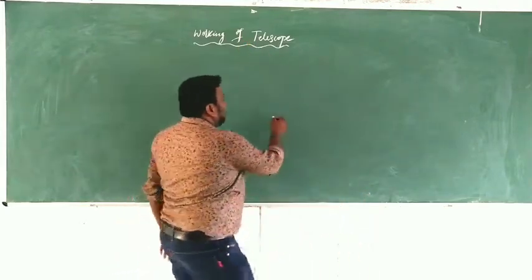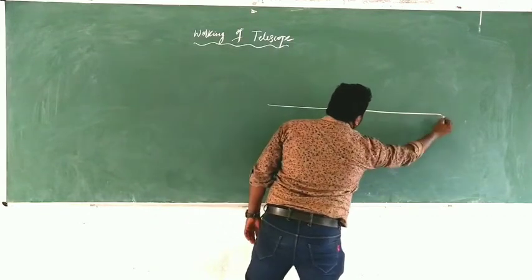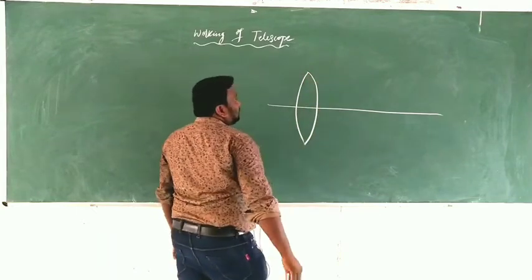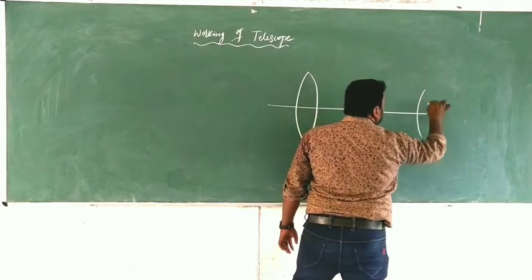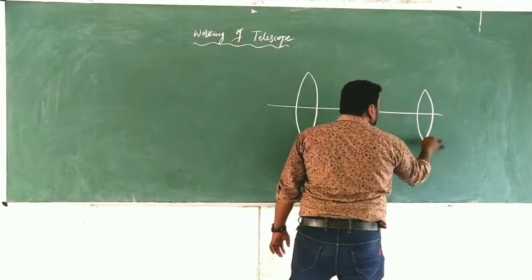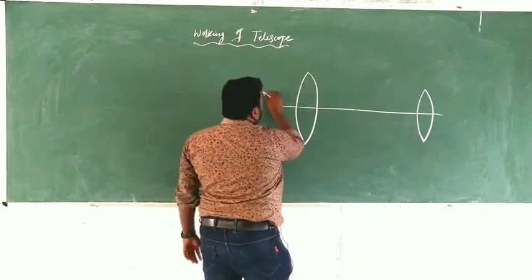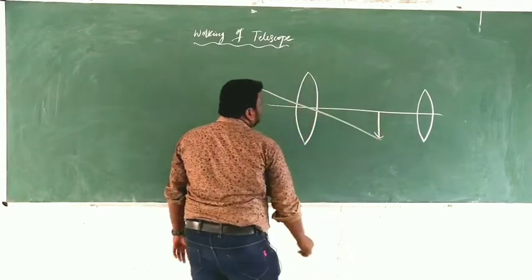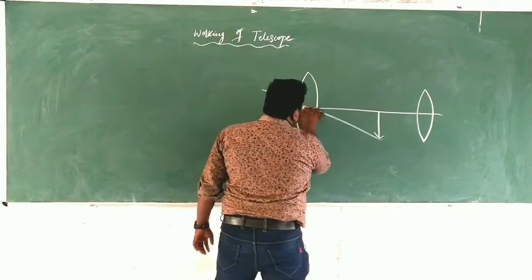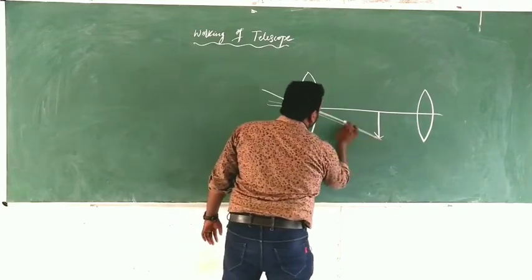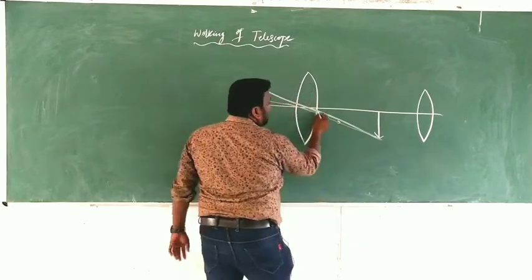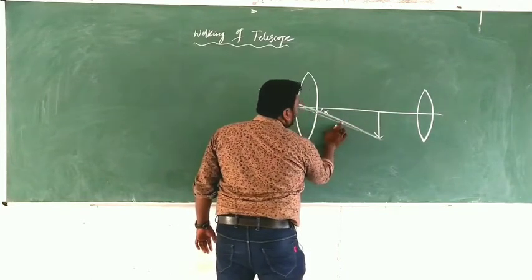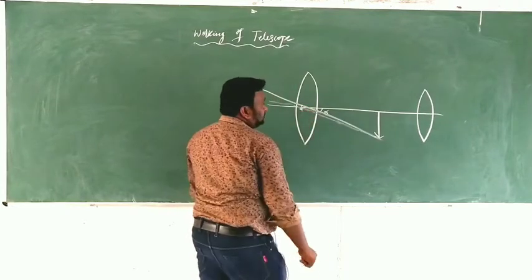Here a telescope consists of two lenses. To represent the angle, this is alpha.